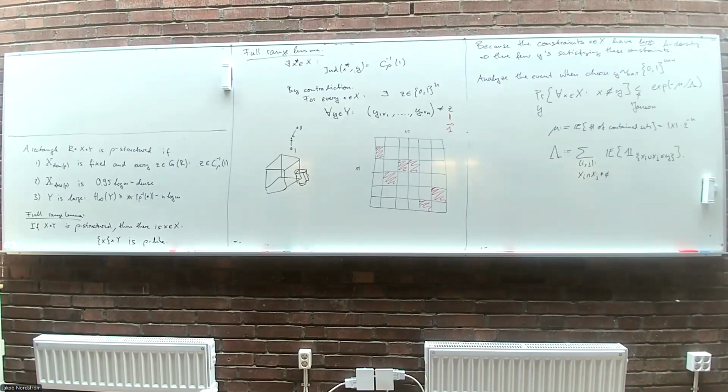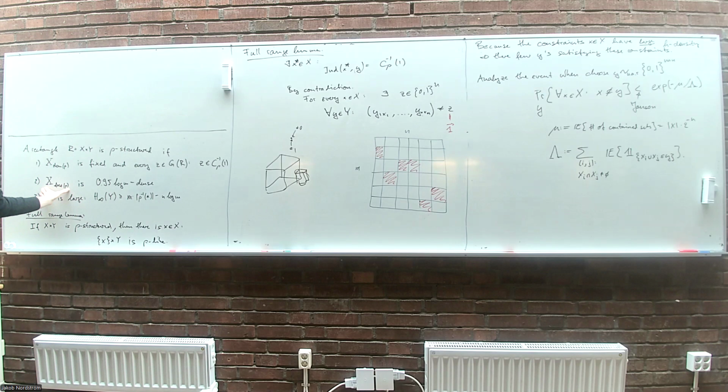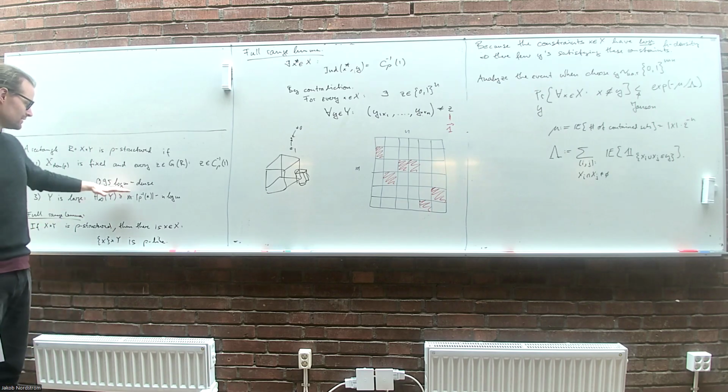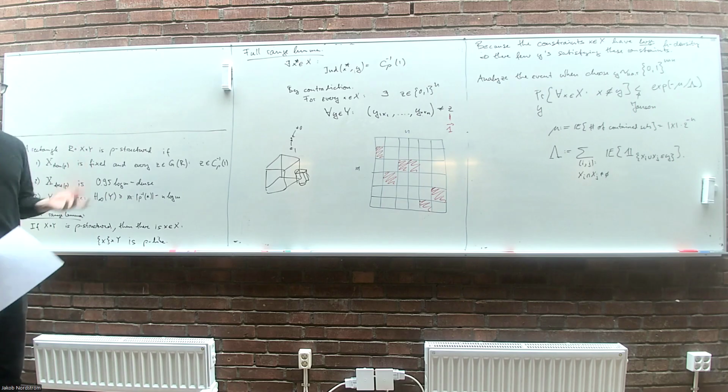And here we're going to use the fact that our constraints are very dense, very well distributed. Just to mention, if you know the spreadness notion, how well the sets are spread, it's the same as this denseness definition, just slightly different.